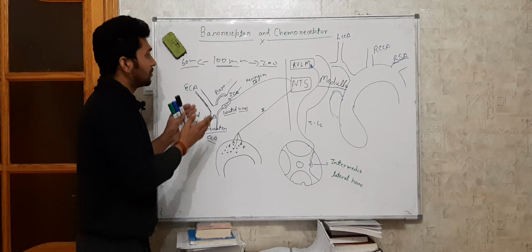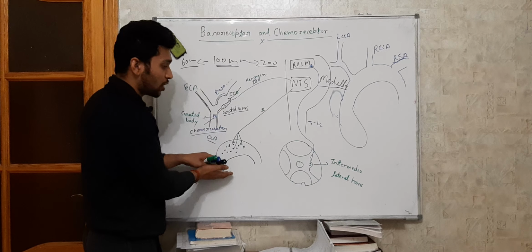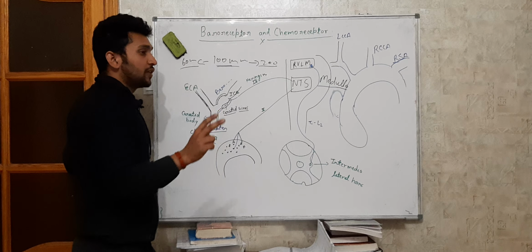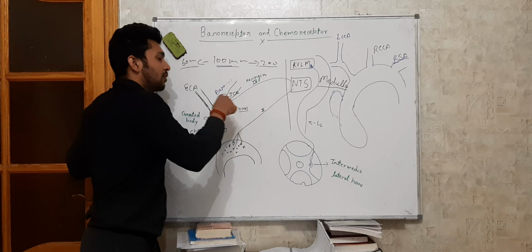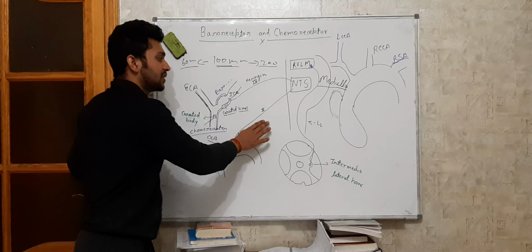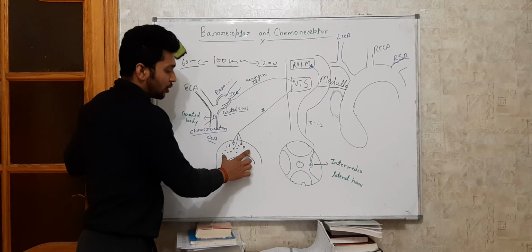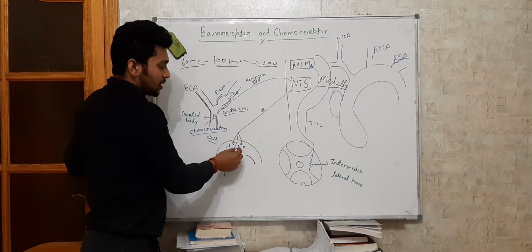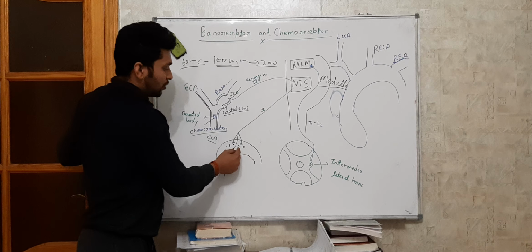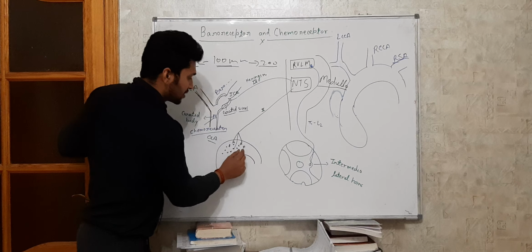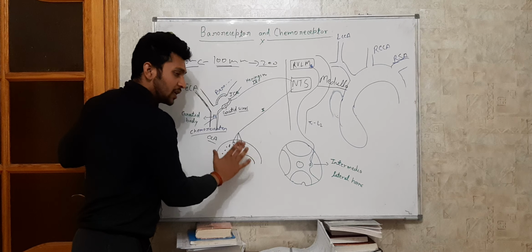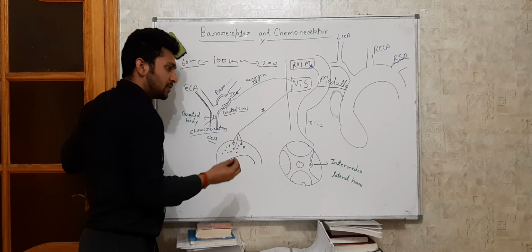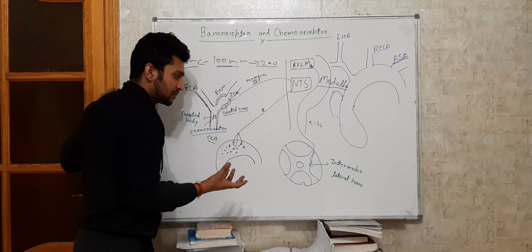Actually, baroreceptors are also present in the arch of aorta. So we have two nerves, the 9th and 10th nerve. The 9th nerve is also called Hering's nerve, and the 10th nerve is the vagus nerve. From the arch of aorta, we have receptors: baroreceptors and chemoreceptors are both present.